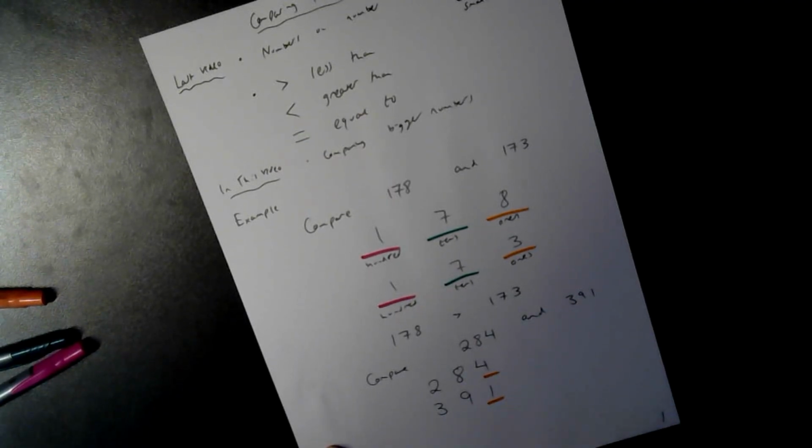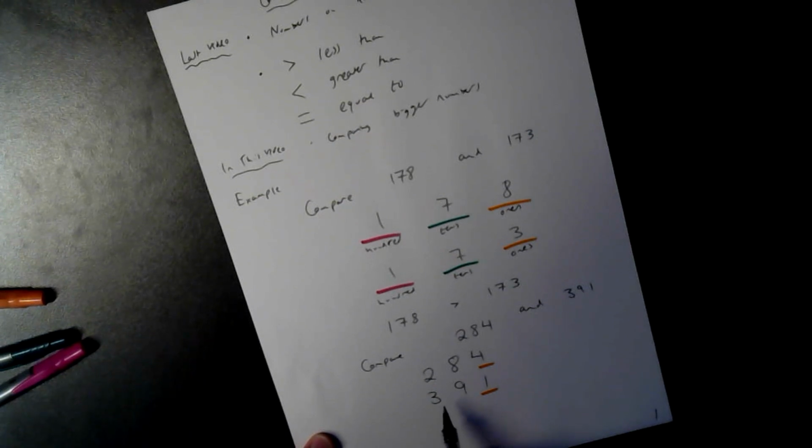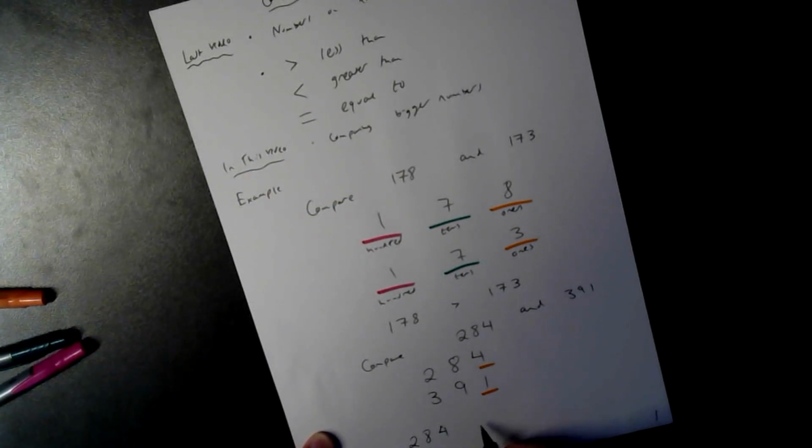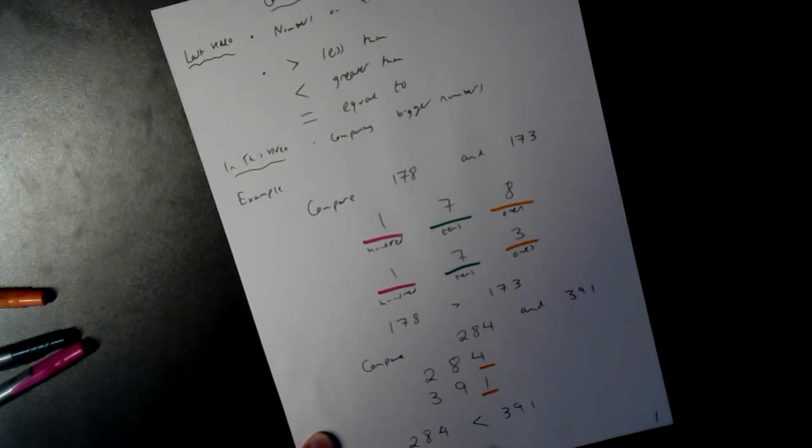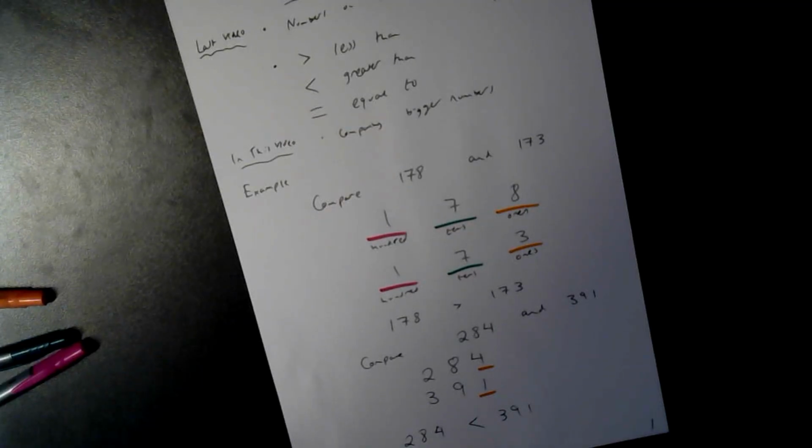And then we stop there immediately, because once we have a difference in the digits, that's the order the numbers are in. Because 2 is less than 3, 284 is less than 391. Remember with the less than symbol, the bigger end of the symbol is pointing that way because this number is bigger. So 284 is less than 391.